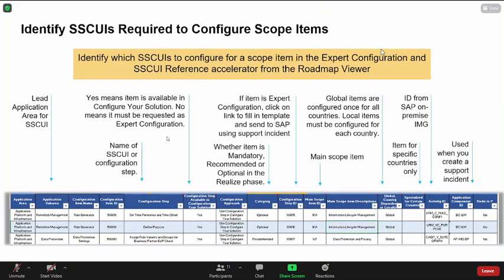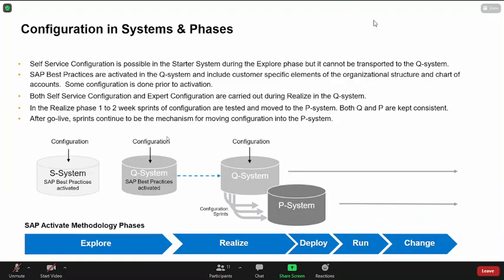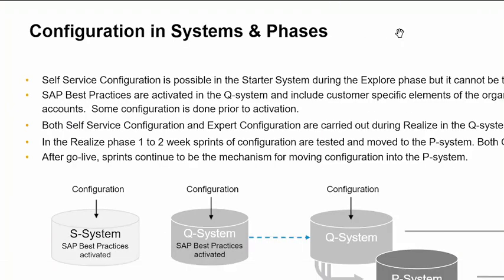So here you have the different columns explained. And here an overview about the systems in the different phases. This is something we have talked about already on Monday.